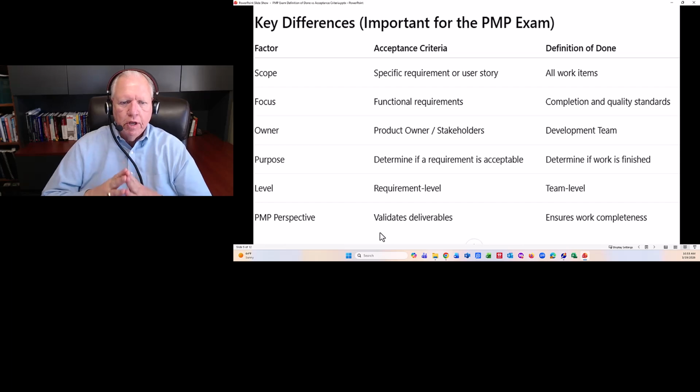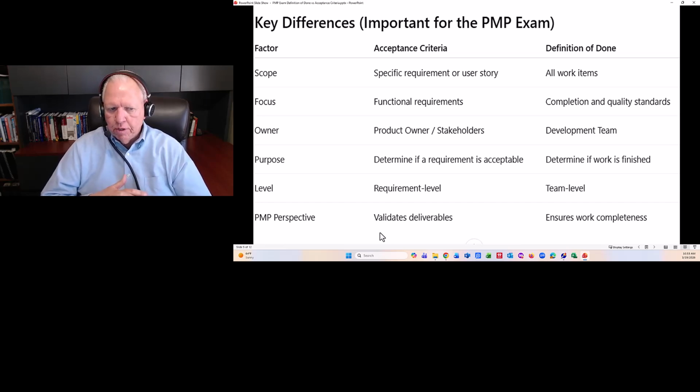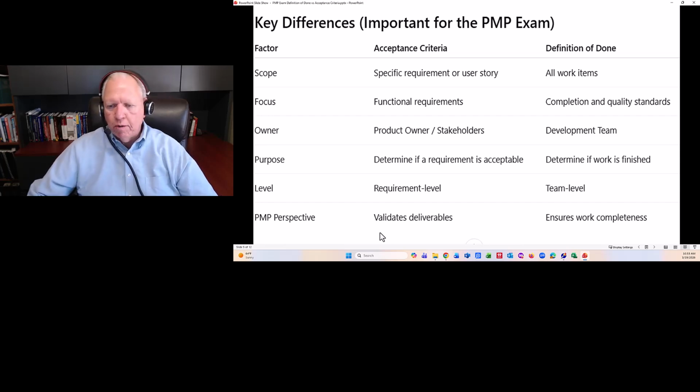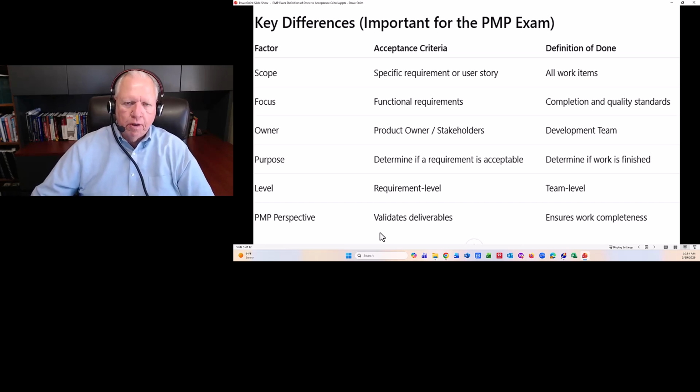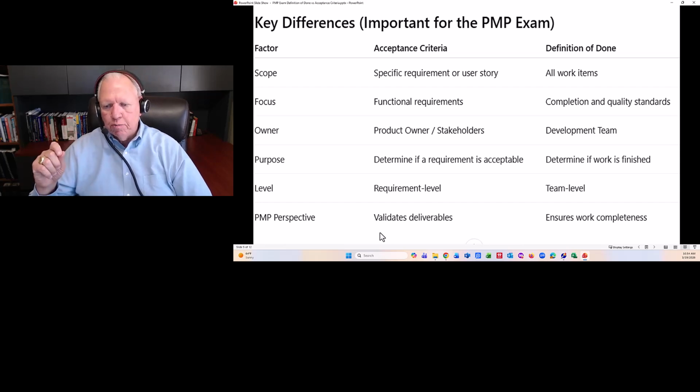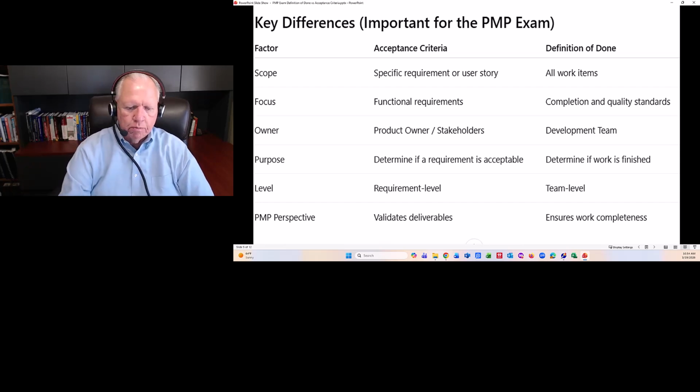Under purpose, for acceptance criteria, determine if a requirement is acceptable. Under definition of done, determine if the work is finished. Under level, acceptance criteria is going to be at the requirement level. Definition of done is going to be at the team level. And then from the PMP perspective, acceptance criteria will validate the deliverable, but the definition of done will ensure the work is completed.